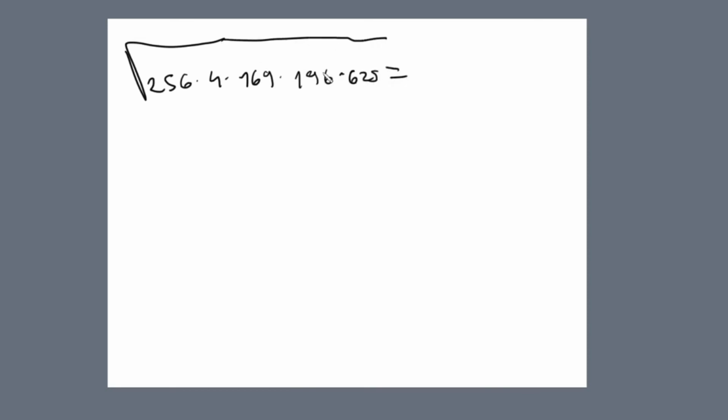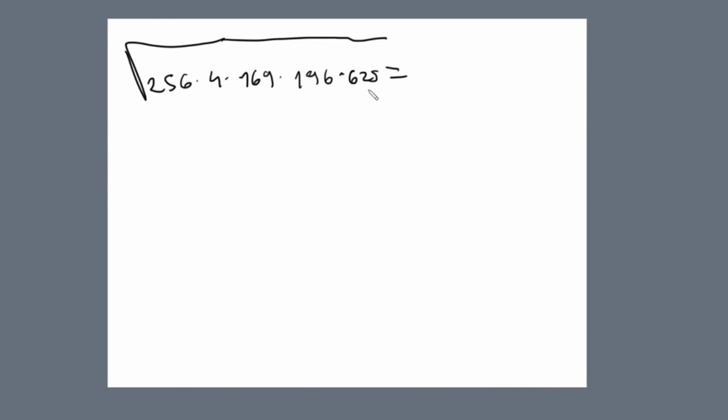And you might be wondering, well, why would I need something like this? Well, for example, for quickly extracting square roots. For example, if I give you the square root of 256 times 4 times 169 times 196 times 625, you'd sit quite a while trying to think of it. I mean, I know some people that would just go ahead and straight out multiply the numbers.